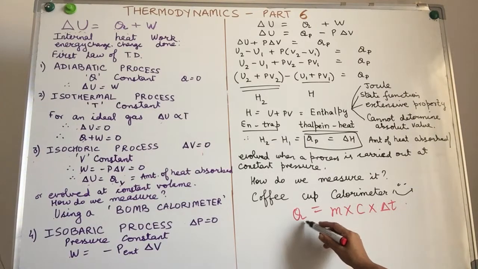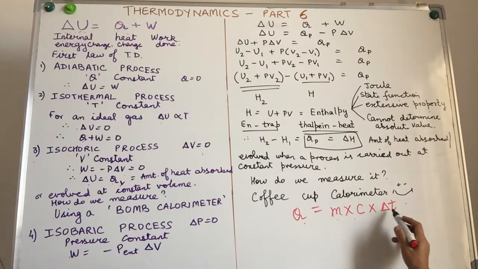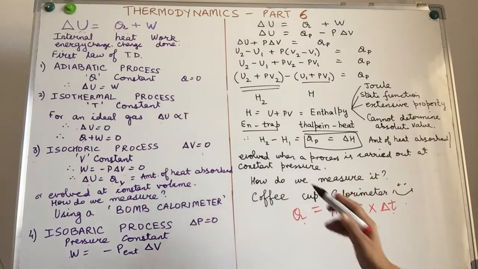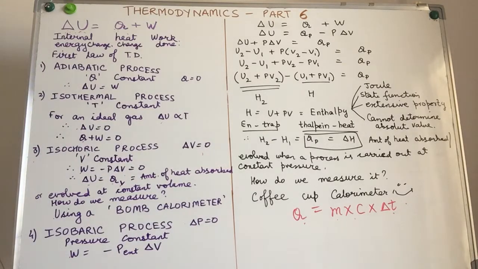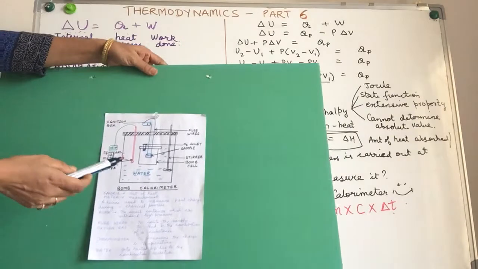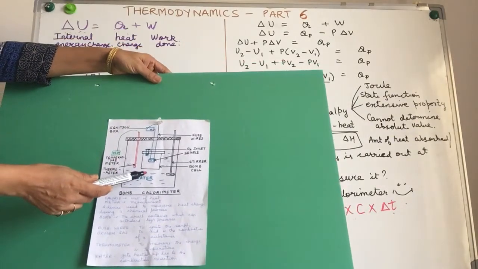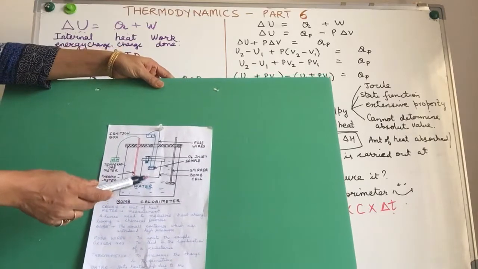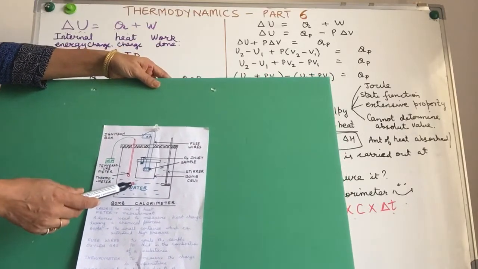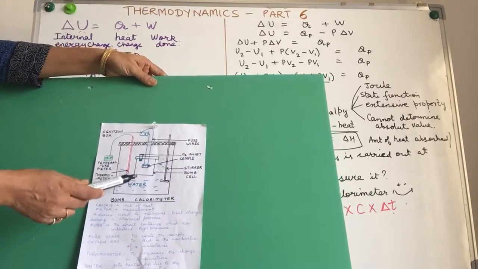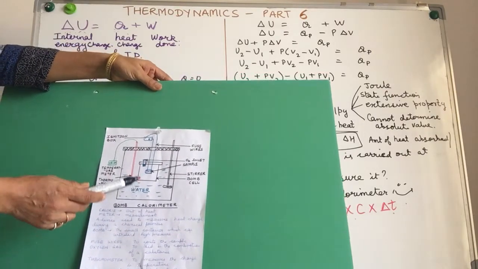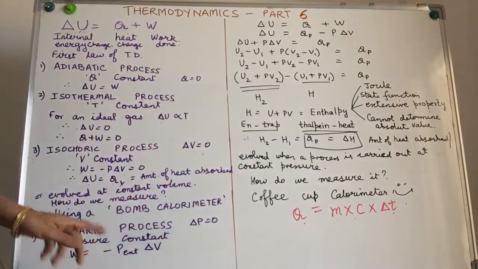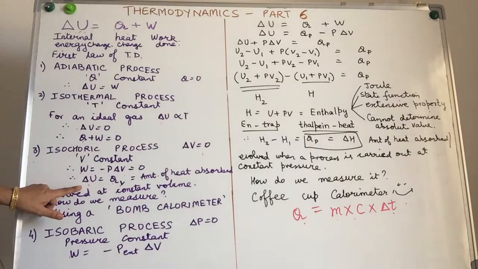So Q is equal to m c delta T. In this setup, we know the specific heat capacity of water. We have measured the change in temperature. We measure the mass of water before we introduce it into the vessel. So this helps us to determine the Q V or delta U of this particular reaction.